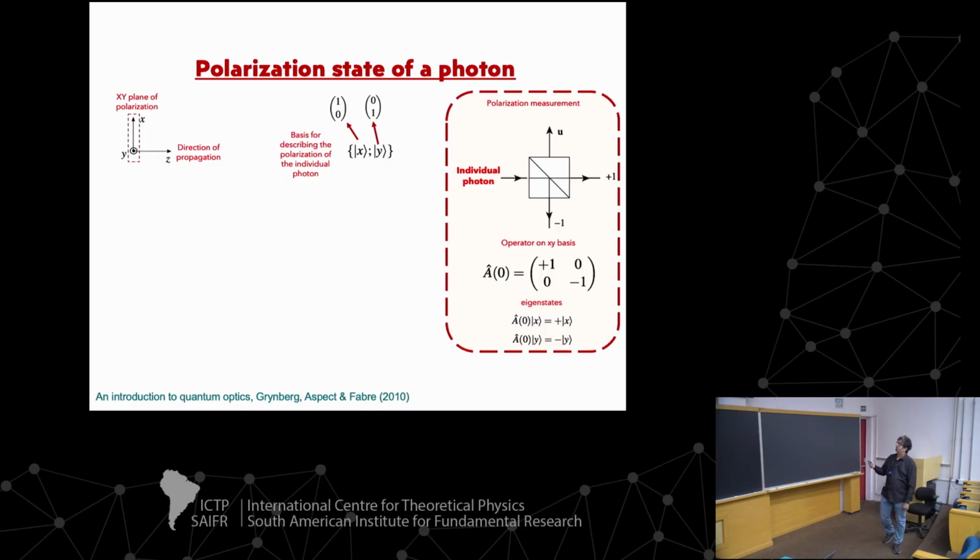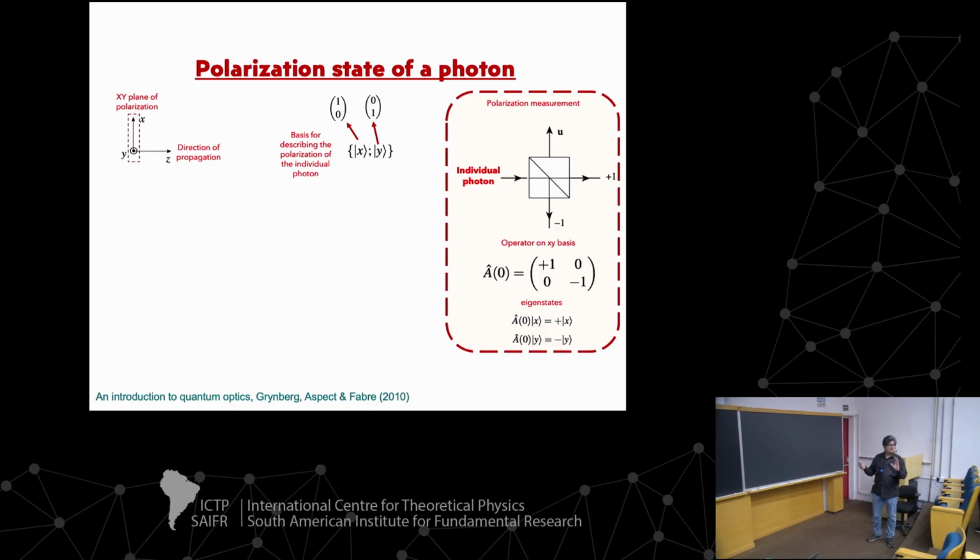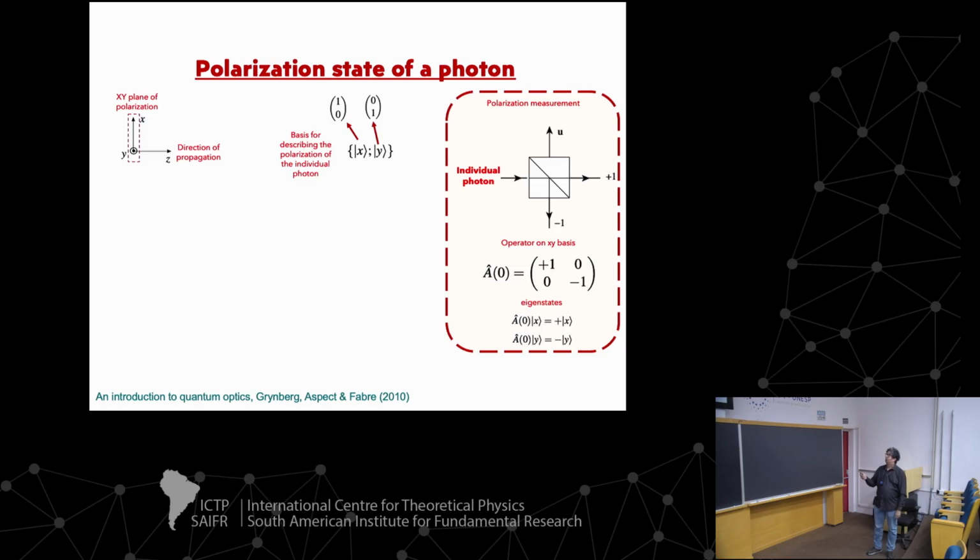And in general, the polarization measurement, that polarizer, will have a direction that's indicated by U, and you come with the individual photon, and then the result +1 or -1 comes from this operator here, okay? So if you are in X polarization, you're going to be +1, Y polarization is going to be -1, on this basis that is aligned with the X vector, okay?